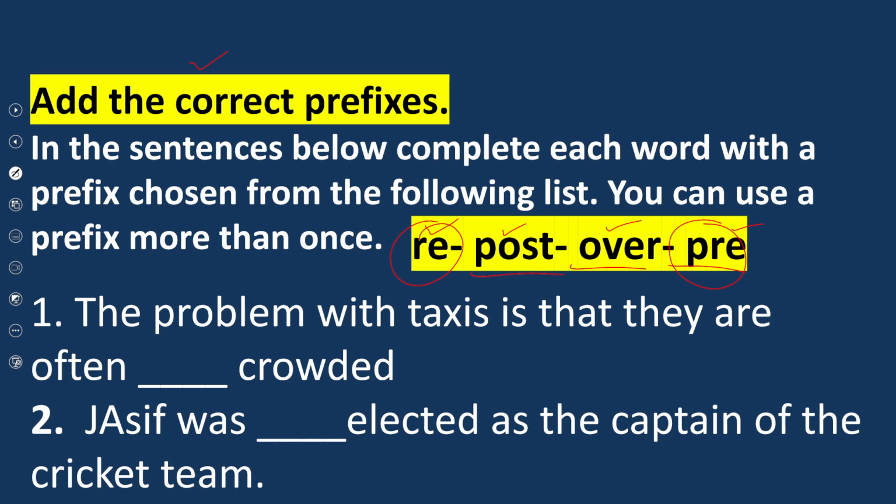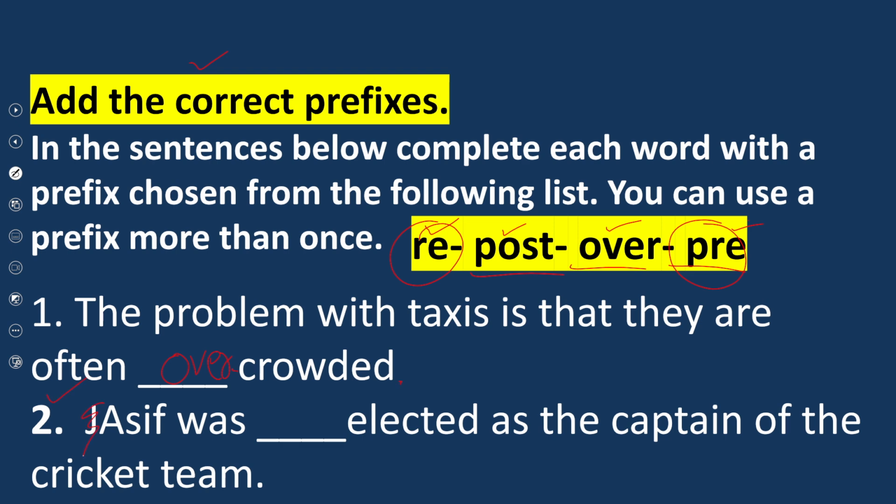Number one, the problem with taxis is that they are often recrowded, post-crowded, overcrowded, or pre. Yes, we know if something is more than enough, excessive, then we say over. The problem with the taxis is that they are often overcrowded.